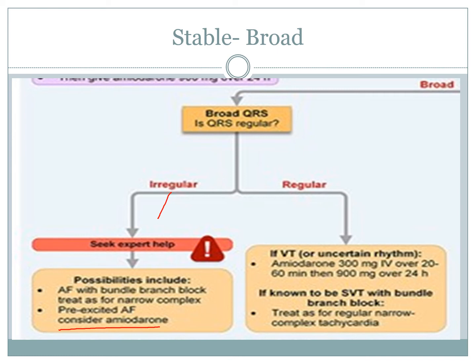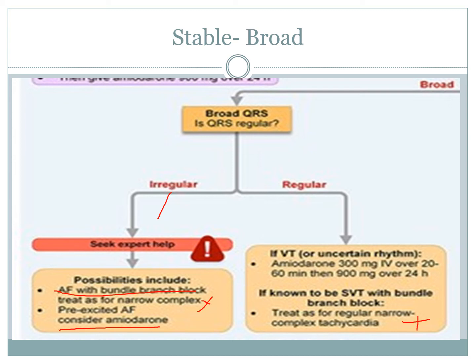If there's evidence of a bundle branch block with AF, then you move over to the irregular narrow algorithm. Same with the regular algorithms. If there's presence of a bundle branch block, which makes it look that little bit wider, then you move it over to the regular treatment of the narrow QRS complex.